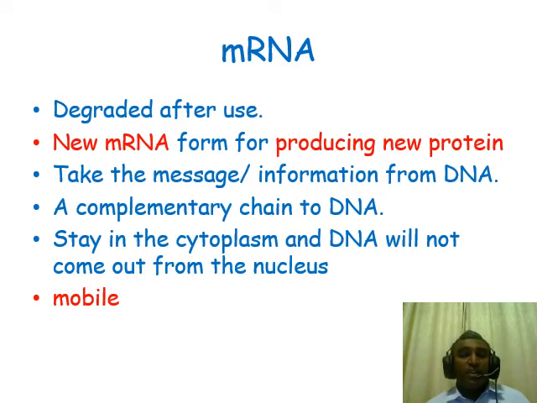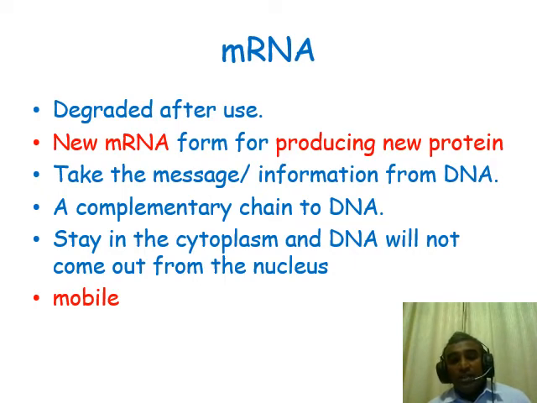Once the polypeptide is built up, the mRNA is degraded. That's the meaning of degraded after use. A new mRNA forms basically just to produce a new protein. Its function is just for that.